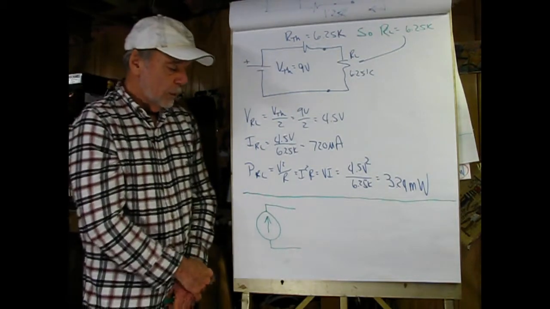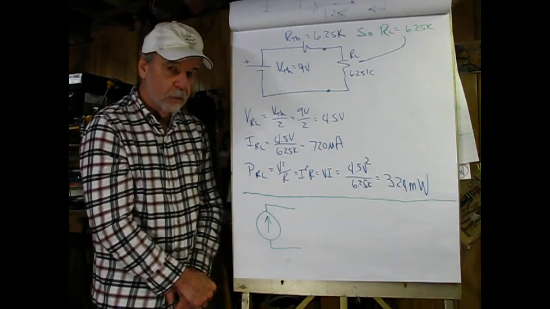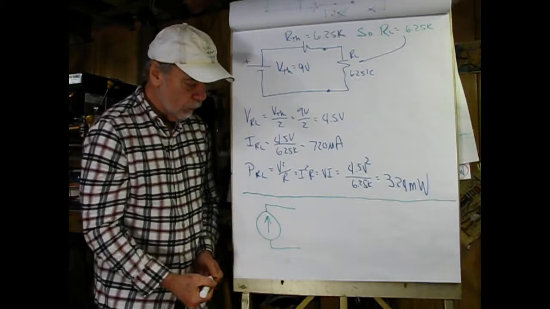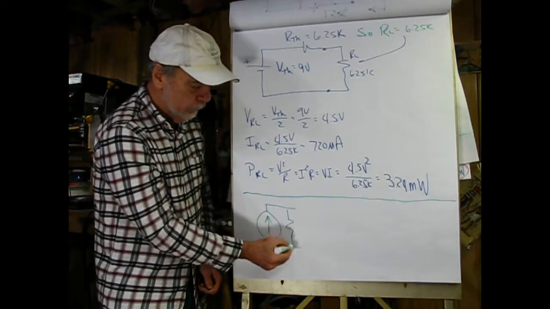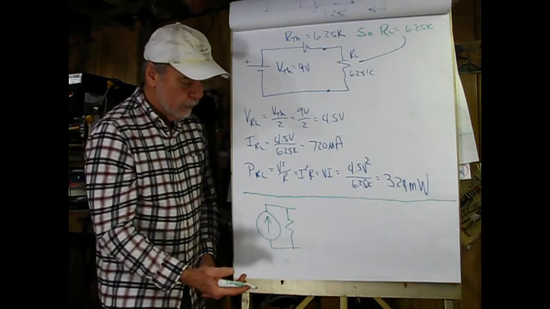Now, what if the source were a current source? This is what it would look like, by the way. Its internal resistance would be in parallel with the current source.